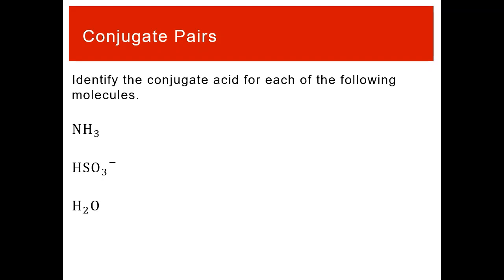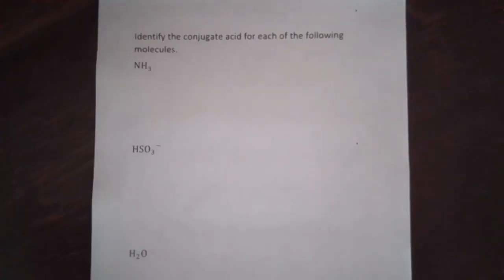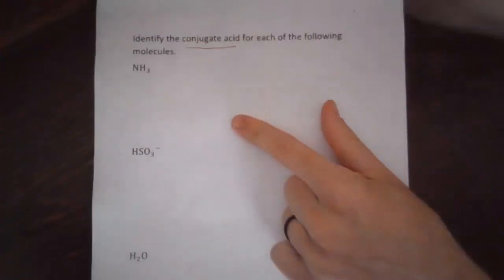So let's look at an example. Let's see if we can identify the conjugate acid for each of the following molecules: NH3, HSO3−, and H2O. So I want the conjugate acid for each.